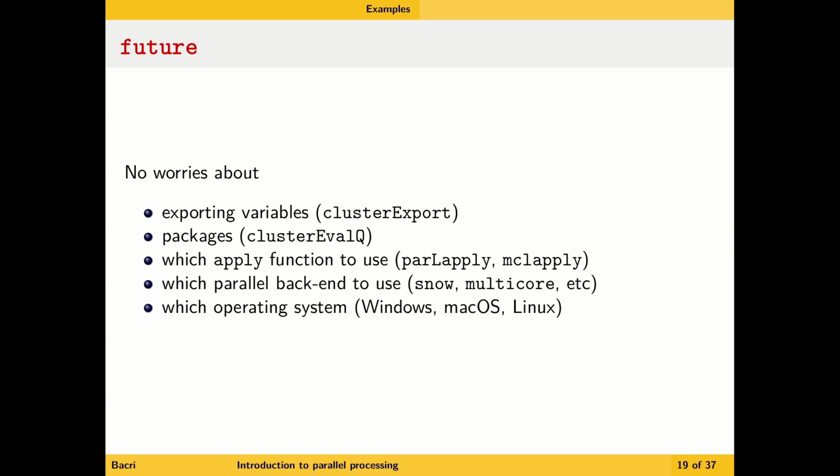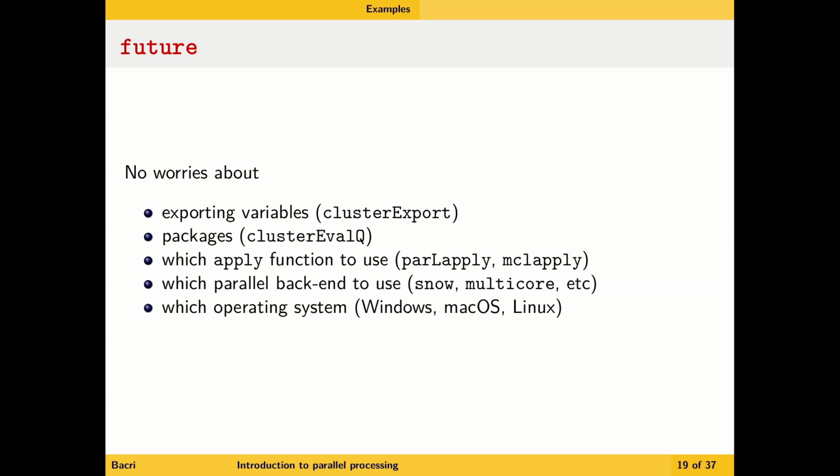Previously, the Snow and Multicore packages and others created new processes, and then you had to worry about copying all the memory blocks. For example, if you had defined a variable alpha, you had to copy it to each new process.